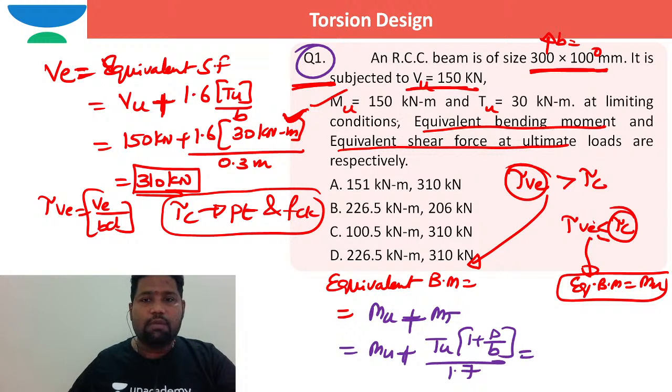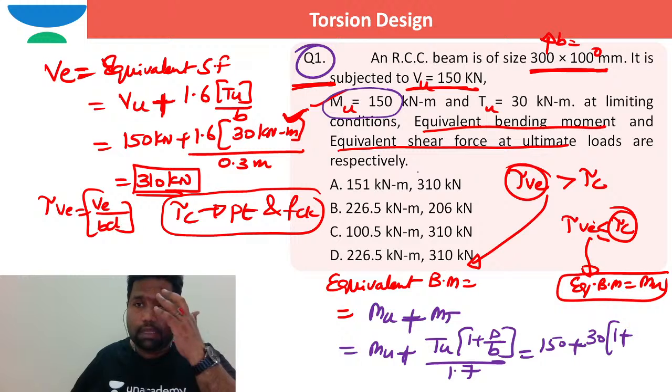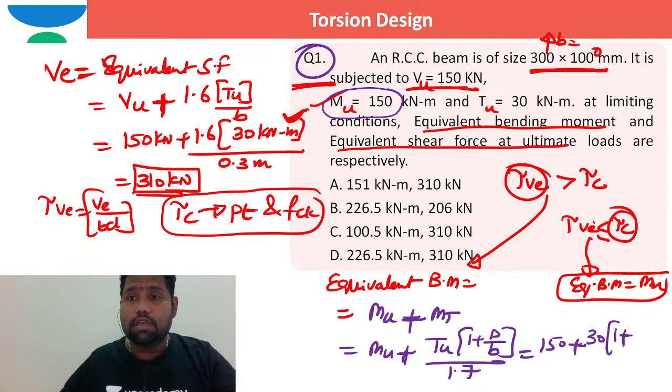Mu, the bending moment at limiting conditions, is 150, plus Tu, which is 30, into (1 plus D by B). What is the overall depth? This is B, this is effective, this is overall depth.